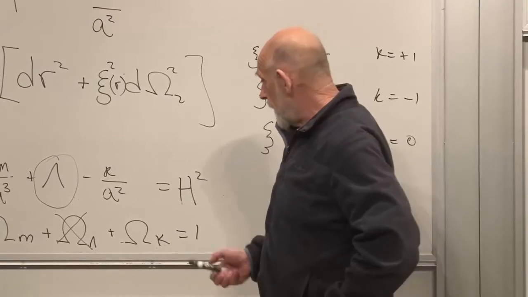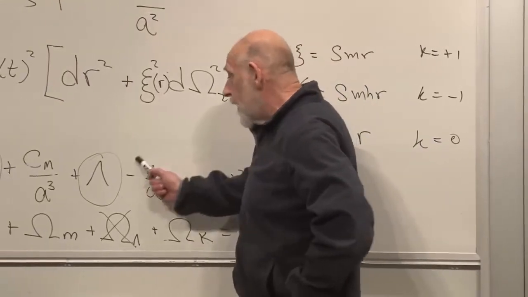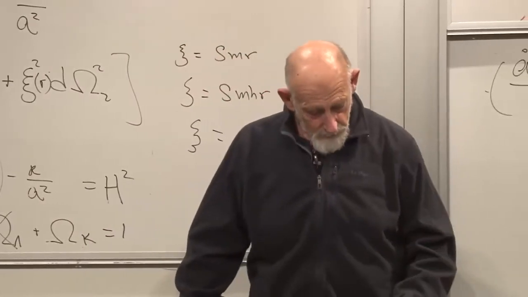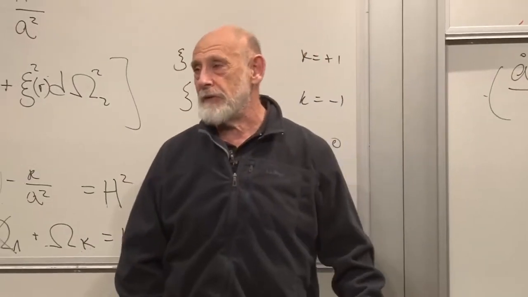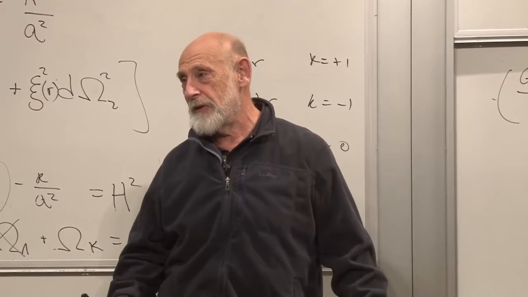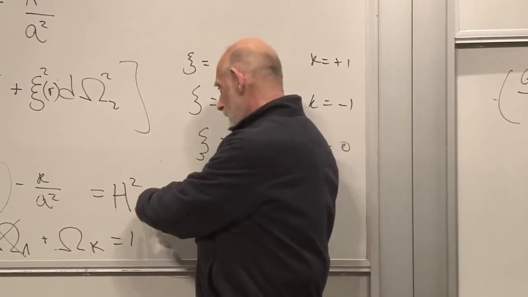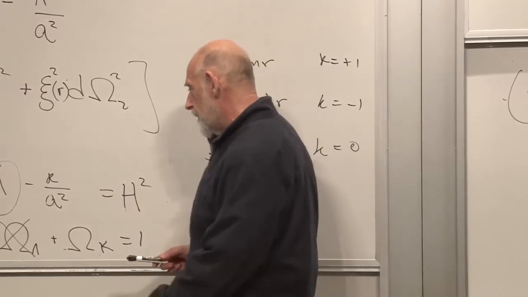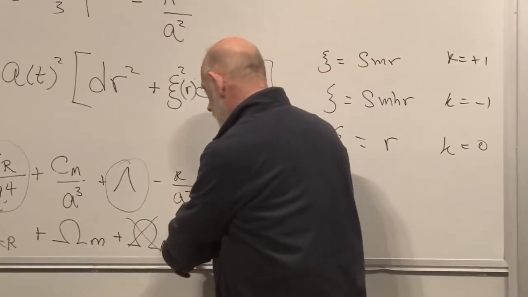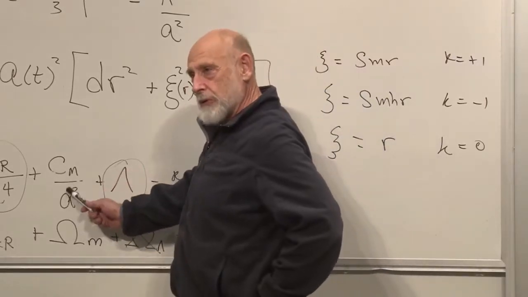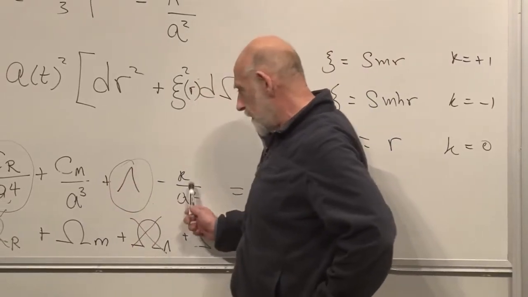It required this term to still be there. Well, when I say it didn't fix things, I'm not sure what fix means. There was nothing particularly wrong with saying that h squared largely came from here, but the matter term was not sufficient to fill the gap. It still had this present.